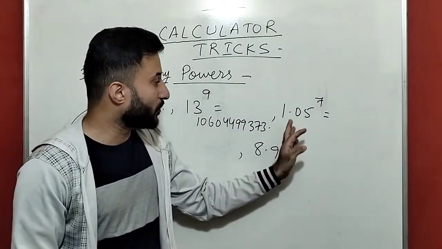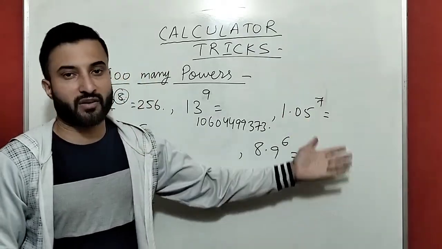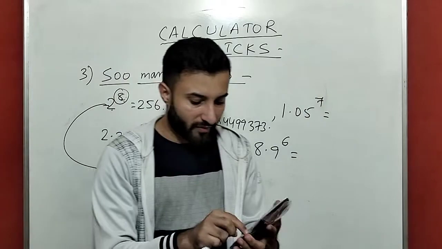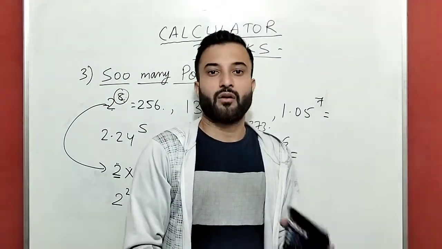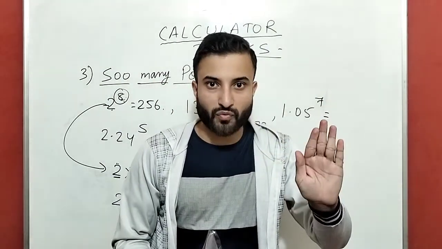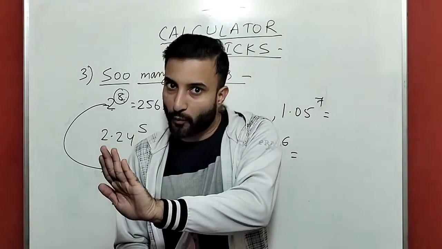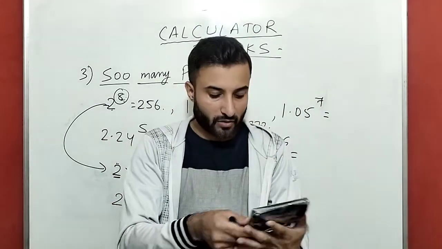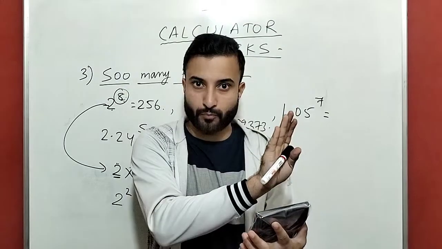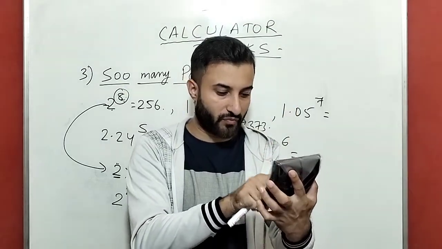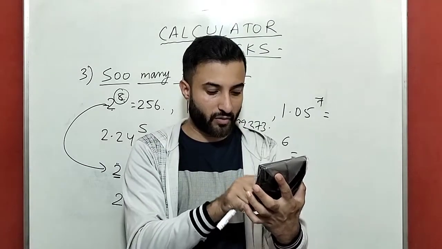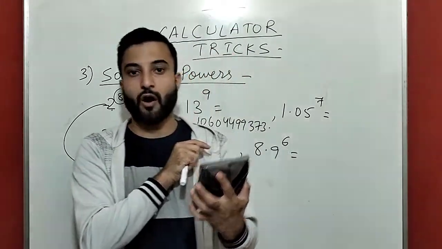Sorry, 1.05 power 7. What we are going to do is the same thing. First I will type 1.05 into 1.05. How many happen? 2. So in the calculator first I type 1.05 into again 1.05 equal. 2 times happen.